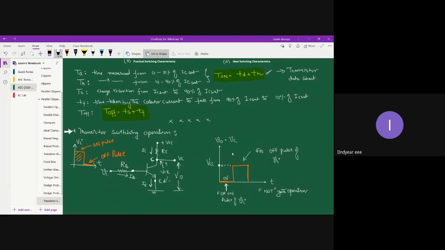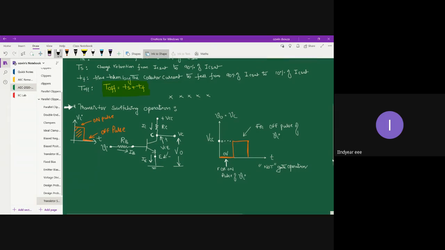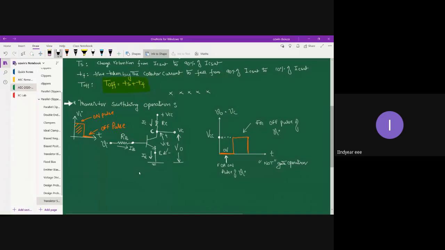Now let us come back to the switching operation. What kind of circuit are you going to rig up in order to get the transistor switching operation? The circuit diagram shown below gives a simple transistor switching circuit.